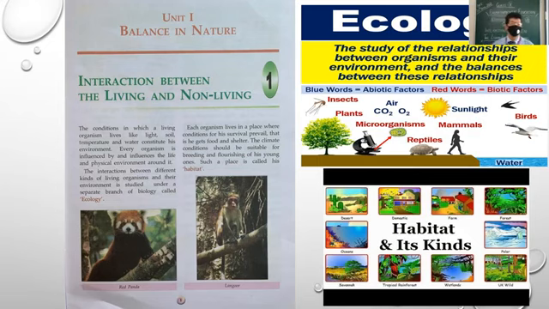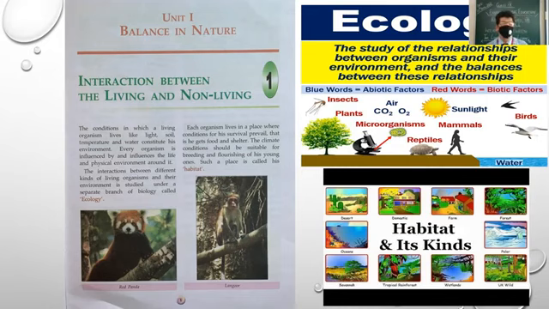In this chapter, we are going to learn about the conditions in which a living organism lives, like light, soil, temperature, and water, which constitute its environment.